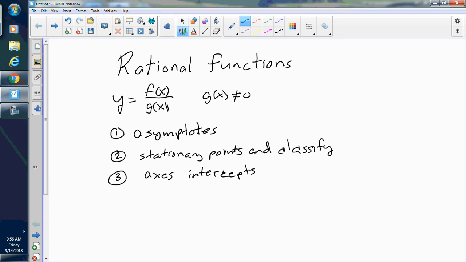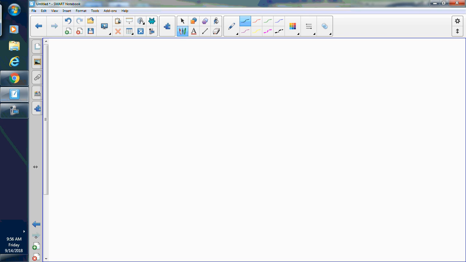Now we've done all these things individually at some point during your math career. Now we're just going to put them together. We're going to look at three different types of rationals. The first type is a linear over a quadratic.